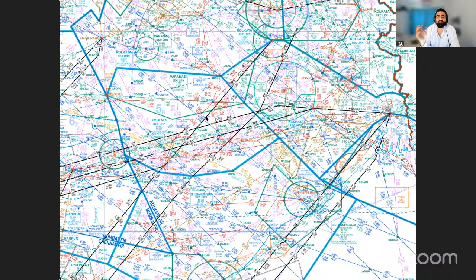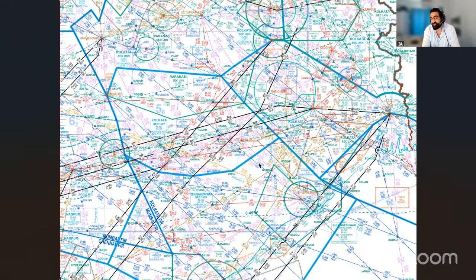Looking at the chart, wherever I place this cursor, can you see the small arrow cursor on the screen? Anywhere, if I place randomly, if I place here, if I know which route I am on and where I am, I can determine who I'll speak with. I'll check for their frequency, which is also mentioned on the chart, and I'll connect with them.